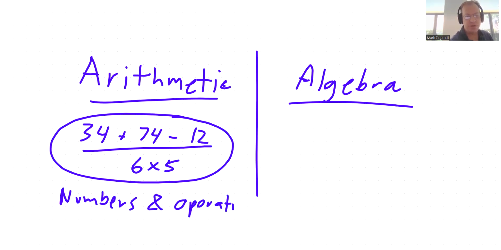O-P-E-R-A-T-I-O-N-S, operations. Okay, great. That's arithmetic. And it's what most students are doing most of the time in a math class up until they start algebra, which is often in the sixth grade, seventh grade where you are. And there'll be little pieces of hints about algebra coming up.